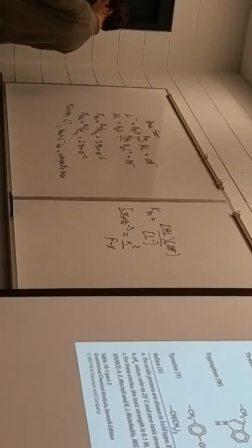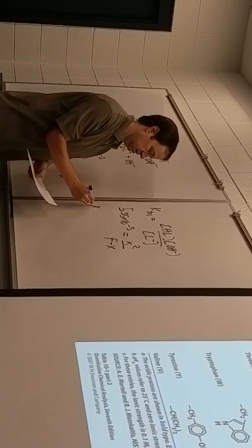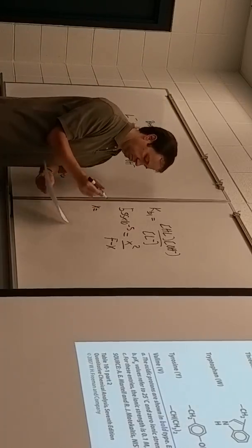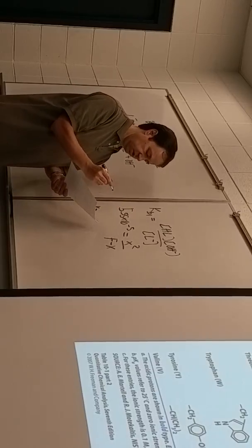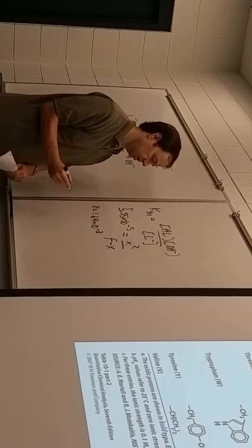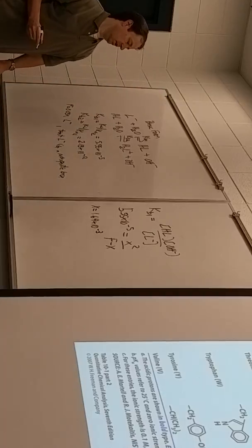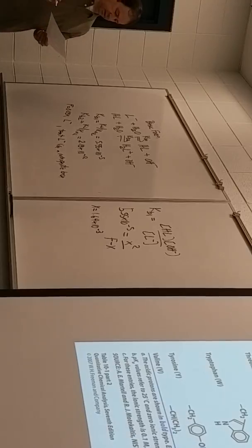Well, actually, in this case, I think you could make the assumption that f is greater than x because 5.55 times 10 to the minus 5th is pretty low, but it really doesn't matter. Maybe you should do it all the way out, but on a test you would not need to. Long story short, if you do it, you get an X value of 1.64 times 10 to the minus third. So out of 0.05, it's only like 2%, 3% dissociated, so it's not that much.